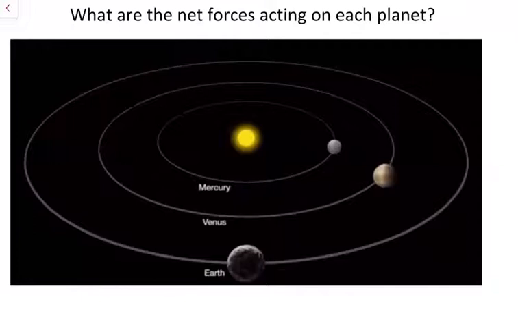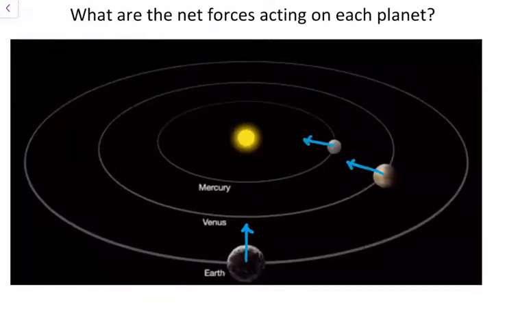I'm going to disregard the forces acting on the sun because there's a lot of them acting outward, and the sun oscillates a little bit, but it's so massive that the majority of the motion comes from the Earth or the other planets. So there's definitely some forces acting inward.